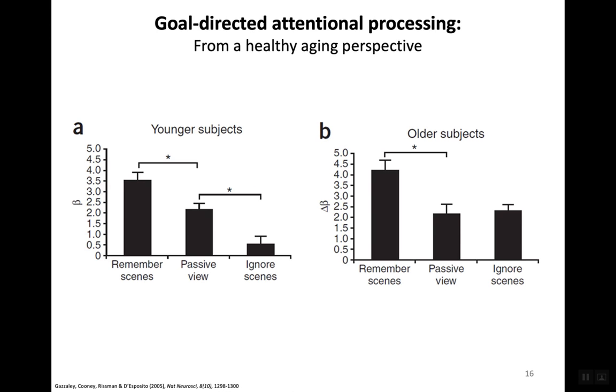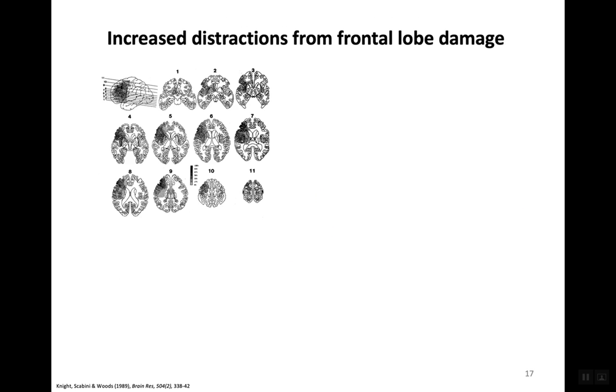So then a follow-up question is, okay, but what happens in patients? In patients who suffer damage to cortical areas responsible for the voluntary deployment of attention. And we have already seen that the frontal lobe, especially the medial frontal cortex, is critical for the deployment of attention. So what happens if we look at patients who have extensive frontal lobe damage?